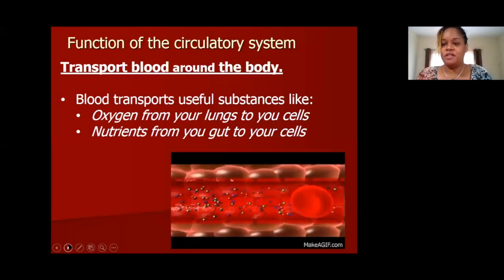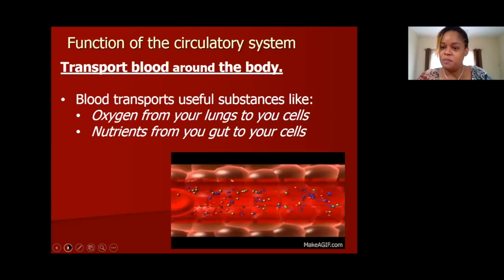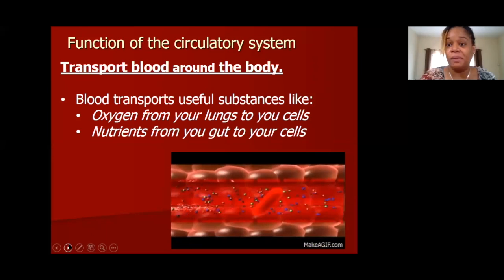The function of the circulatory system is to transport blood around the body. Now, as we just mentioned, blood is several things. So the circulatory system is responsible for circulating blood because in blood, there are several things that the body and the cells of the body need.